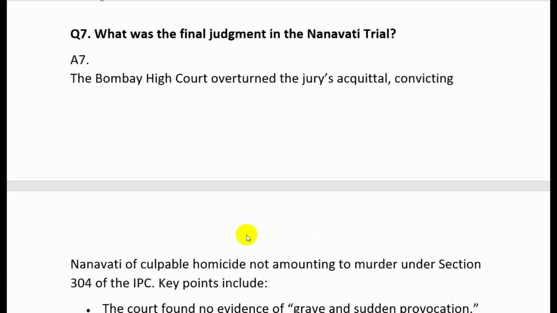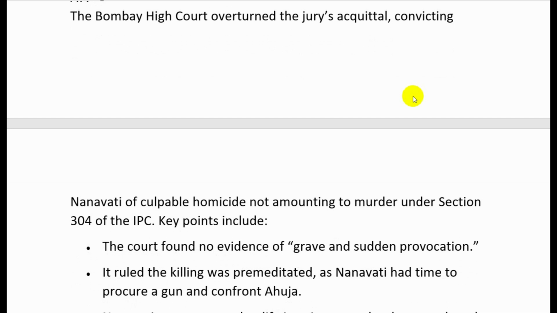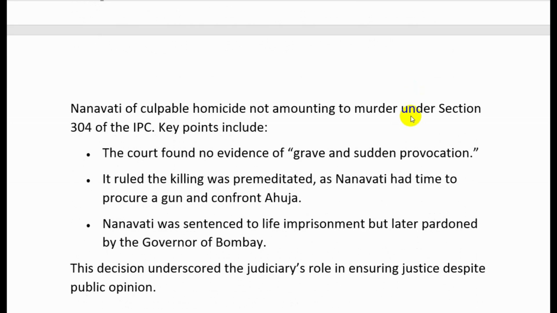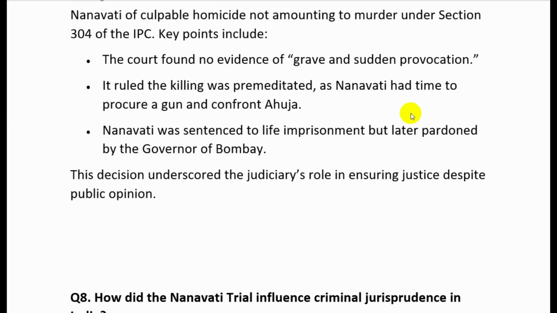Next, what was the final judgment in Nanavati trial? The Bombay High Court overturned the jury's acquittal, convicting Nanavati of culpable homicide not amounting to murder under Section 304 of the IPC. Key points include: the court found no evidence of grave and sudden provocation.